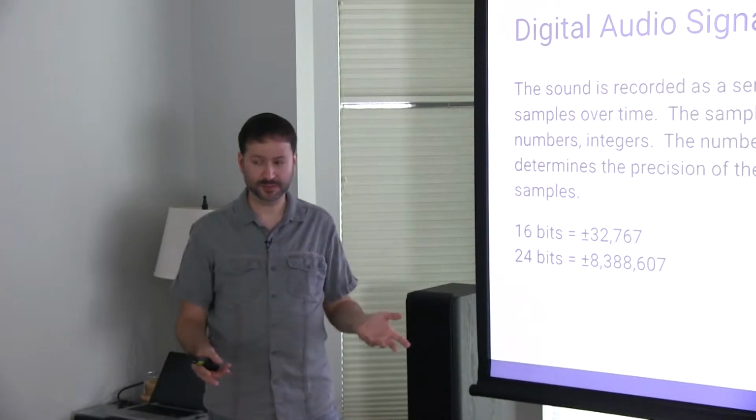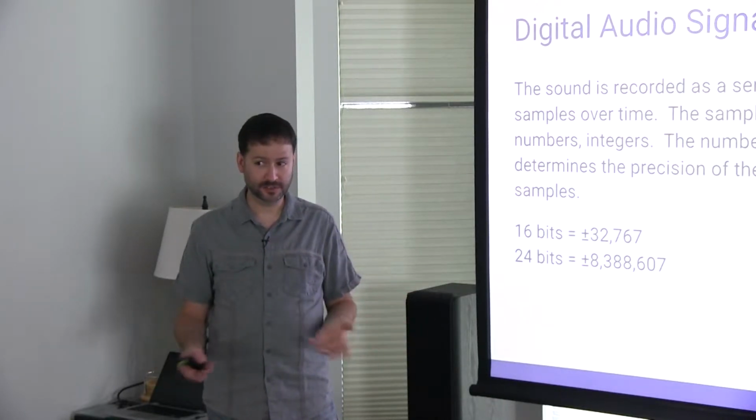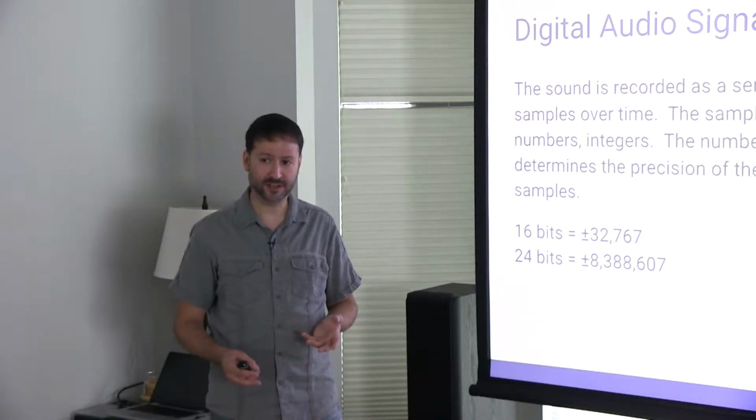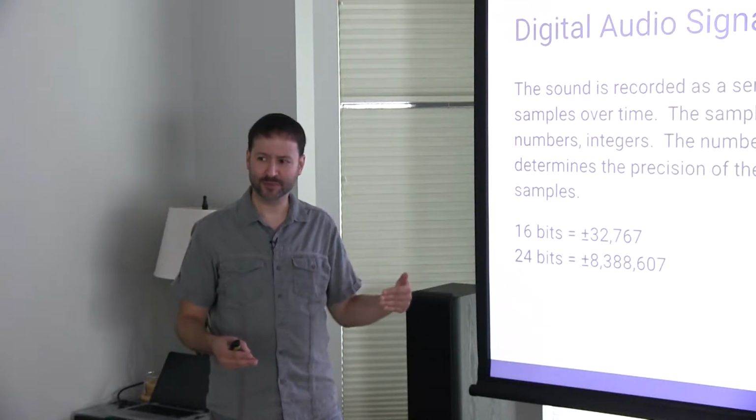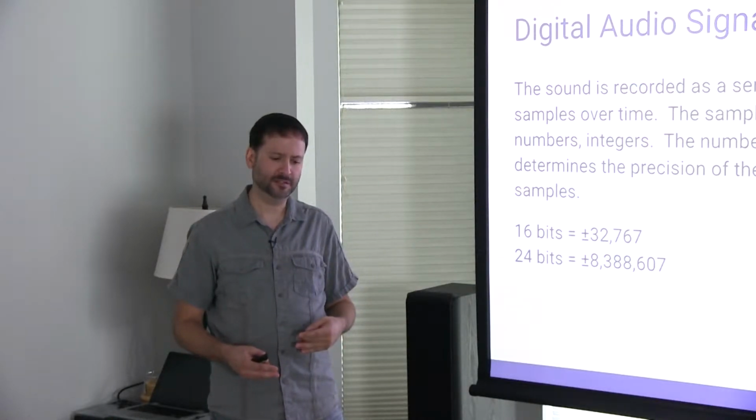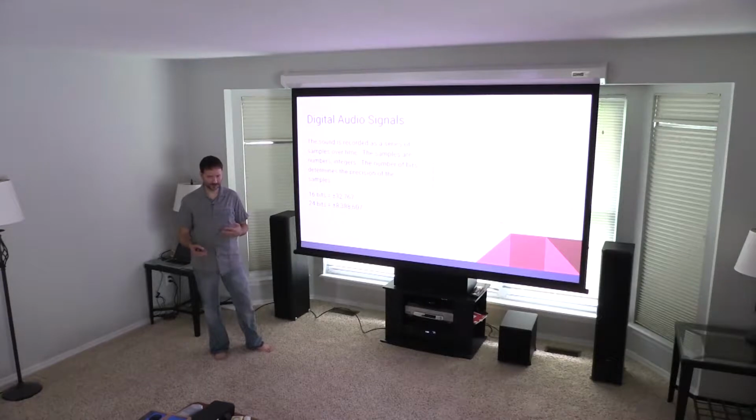The number of samples varies. You can set it, but these days the most common is 48,000 samples per second. Typically that's expressed in hertz, even though it isn't really hertz, so it's 48 kilohertz.